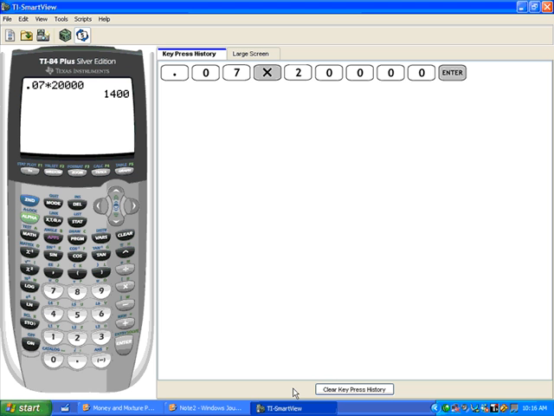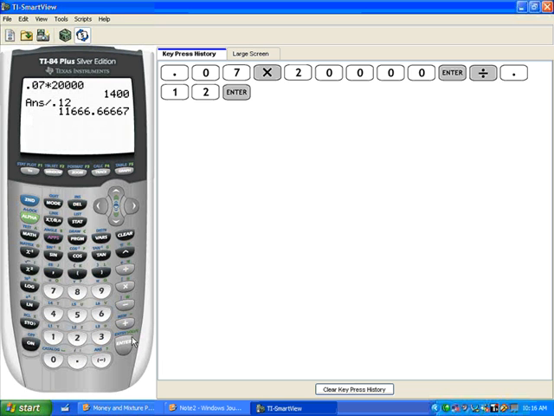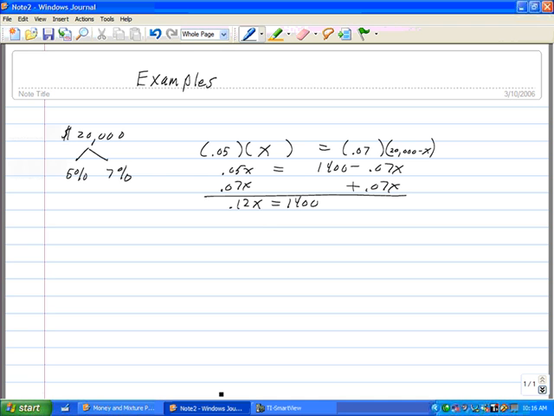So we're going to take the 1,400 and divide it by 0.12, and that gives us $11,666.67. That's the amount you put into the first account.